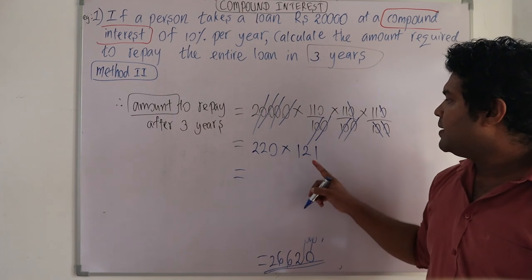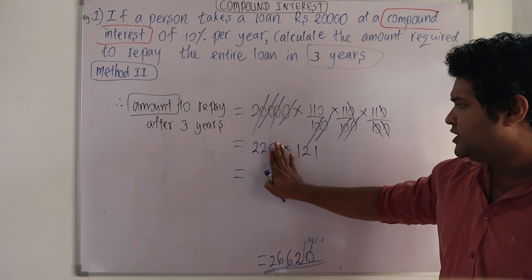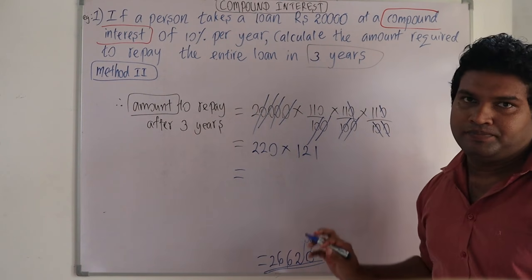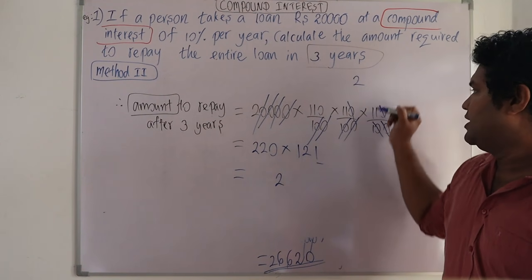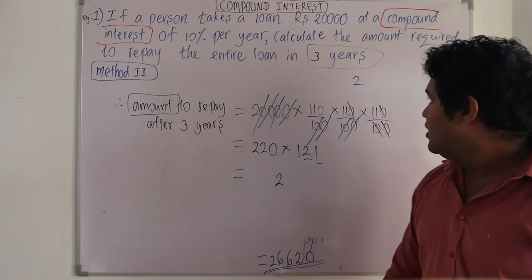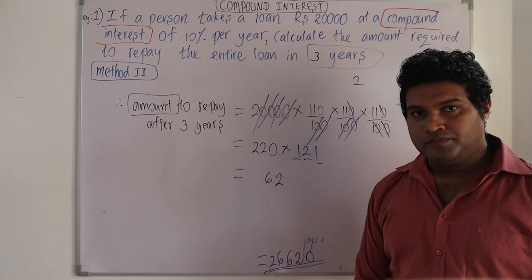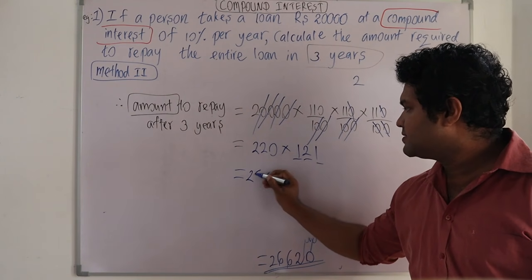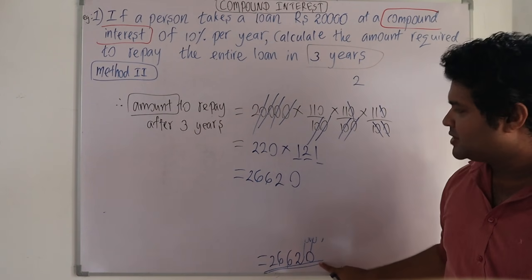Now we have to multiply this 121 with 220. Just forget the 0. In front of 121, we can multiply any number. Because 22 times 1 easy. 22, 2 is remaining. 22 times 2, 44. With this 2, 46. 4 is remaining. 22 times 1, 22 and that 4, 26. And don't forget to keep the 0. The same answer is coming.